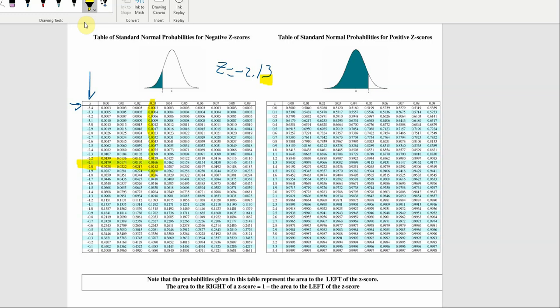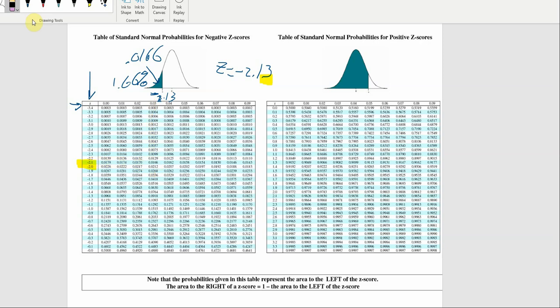And where they overlap, that is the area under the curve to the left of 2.13. So say this is our negative 2.13. The area under the curve here would be 0.0166, or 1.66% of the population is below a z-score of negative 2.13.